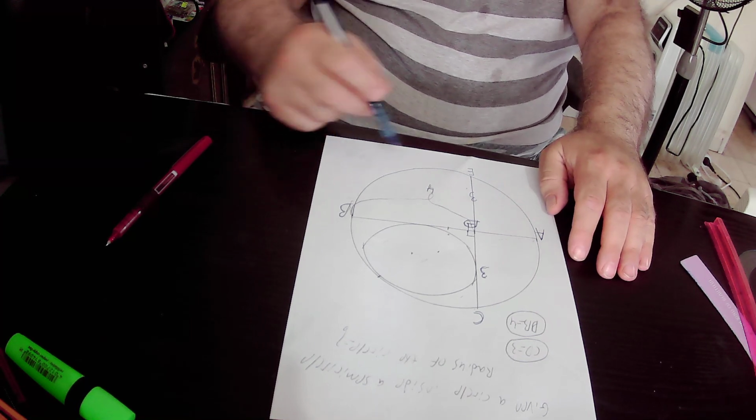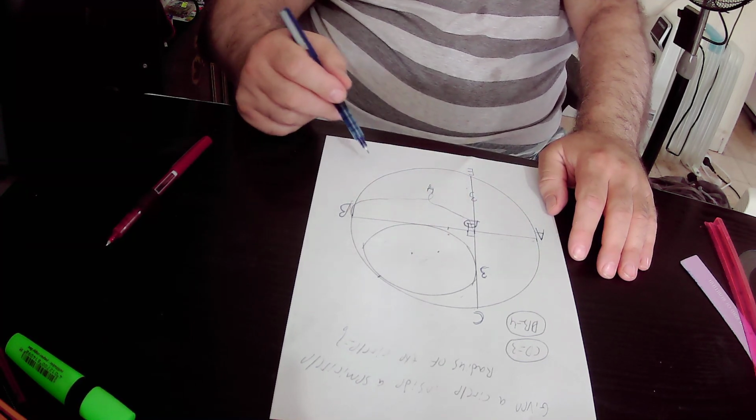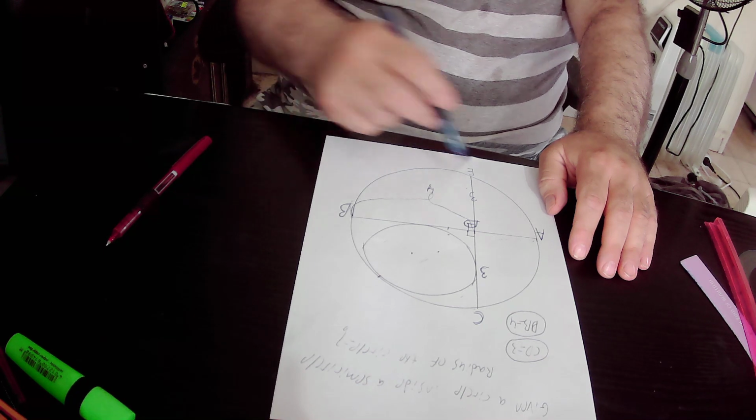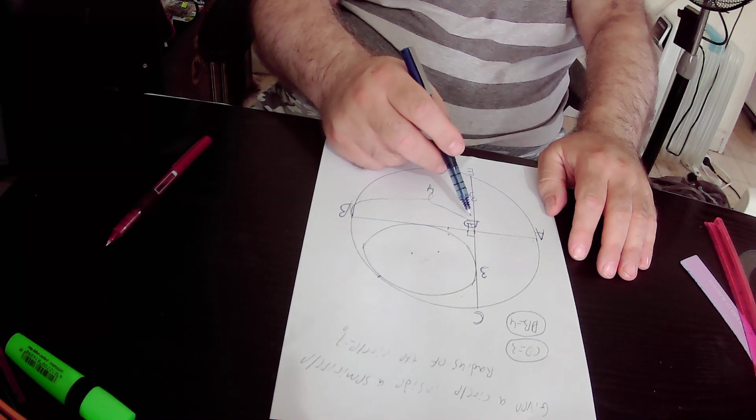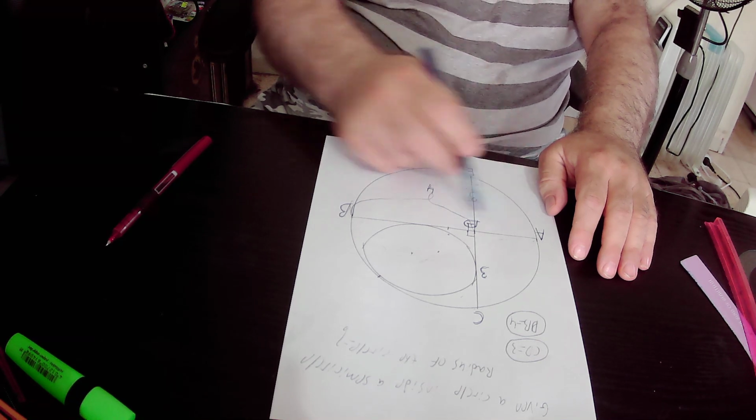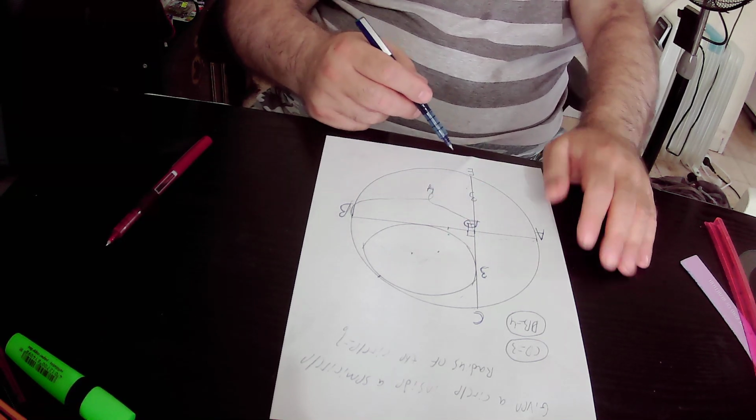Because in our drawing we have the big circle. Inside the big circle we have chord AB that intersects with chord CE at point D. Point D is the intersection point of chord AB with chord CE.